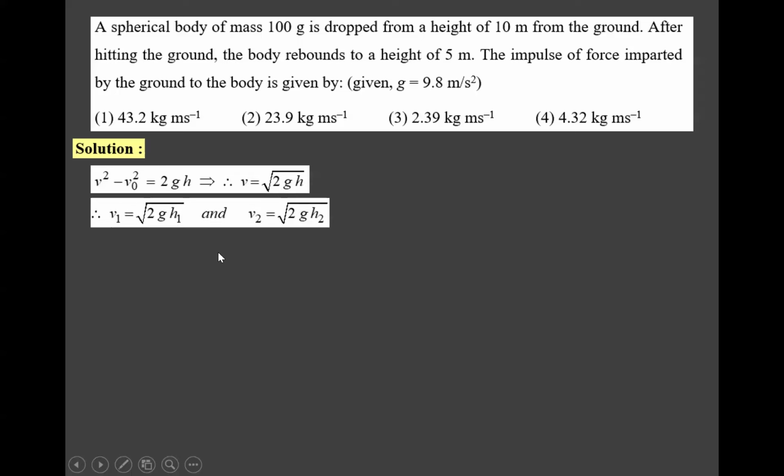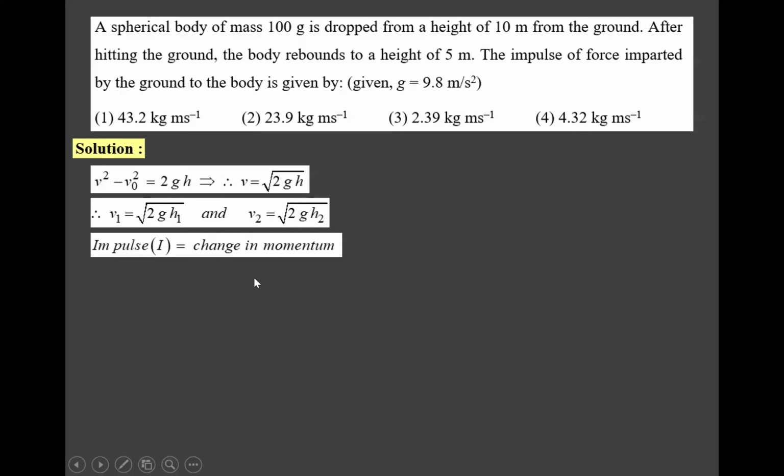So for the first case, when the body is dropped from 10 meter, when it hits the ground the velocity v1 is under root 2gh1. And after hitting, when it rebounds up to height h2, the initial velocity when it rebounds is v2 equal to under root 2gh2.